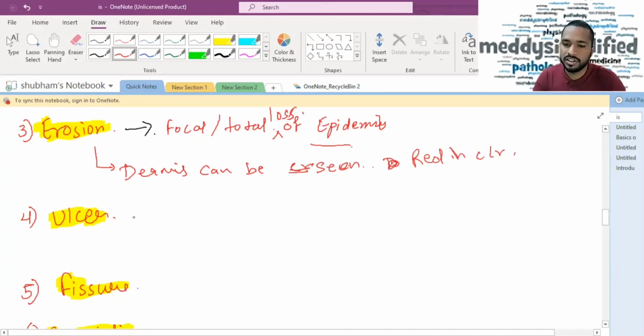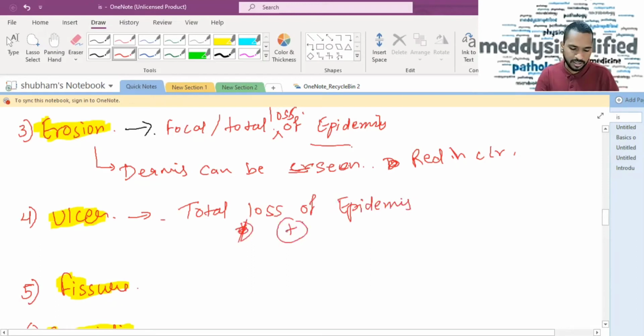Then after erosion, I told you we should learn it hand in hand, erosion and ulcer. What is ulcer? It is total loss of epidermis plus partial or total loss of dermis.